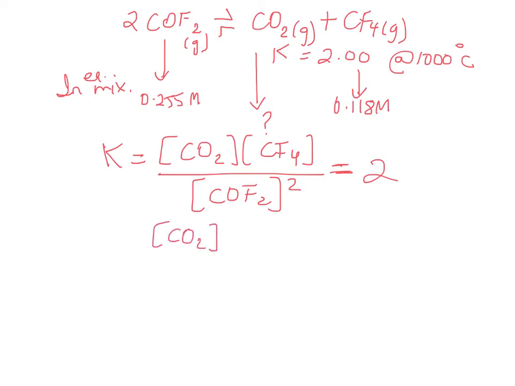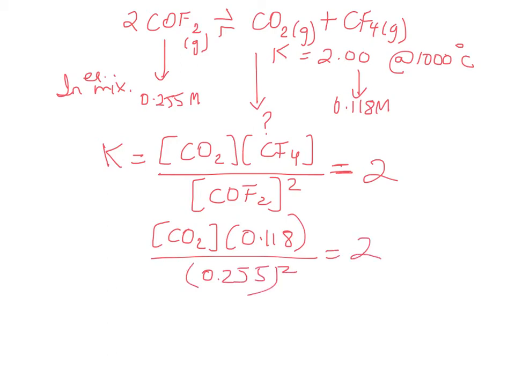So you would say, now start plugging in the numbers. CO2 times 0.118 divided by 0.255, square of that, is equal to 2. We are going to solve for CO2. That means I'm going to multiply both sides of the equation by 0.255, square of that, and I'm going to divide both sides of the equation by 0.118.